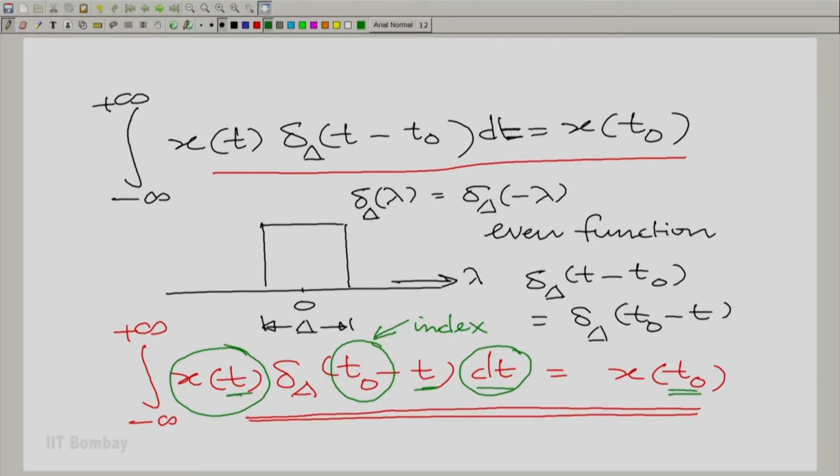Listen carefully. I am repeating it. Let us look at the equation again. Any particular point t, the value of the input at that point t, an impulse or a pulse for the moment, not an impulse, a pulse placed at the point t with the indexing variable t0. What I mean by the indexing variable is the variable with respect to which you describe the function x, integrated over all t. Now, the integral here should be interpreted as a limit of a sum.